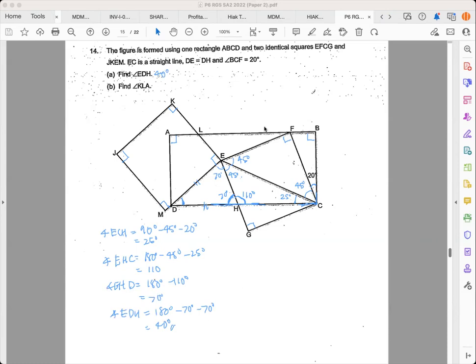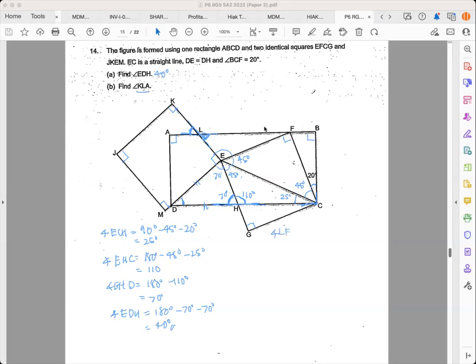Now let's look at angle KLA. Where's KLA? KLA will be this angle. Angle KLA is the same as angle ELF because these are opposite angles. Opposite angles are equal. So to find angle KLA, you just need to find this angle. Now to find this angle, let's find out what this angle is.